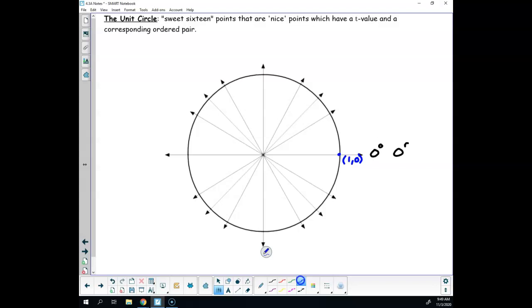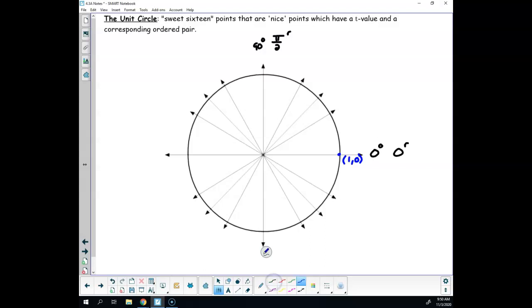Okay? Then we can go up here. Up here is 90 degrees, or pi over 2 radians. Okay, if I were to convert 90 degrees into radians, I get pi over 2.